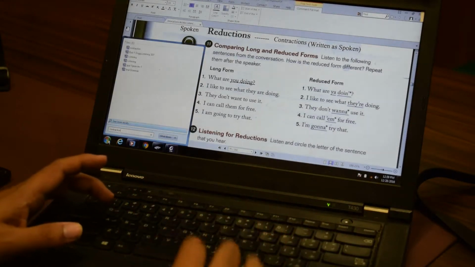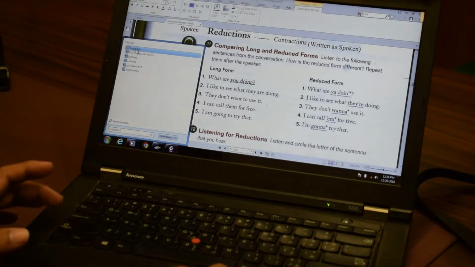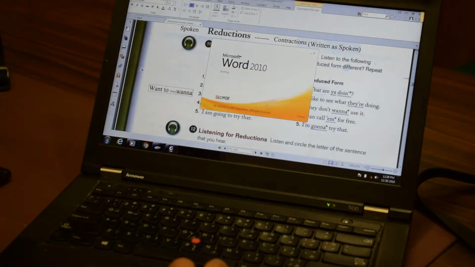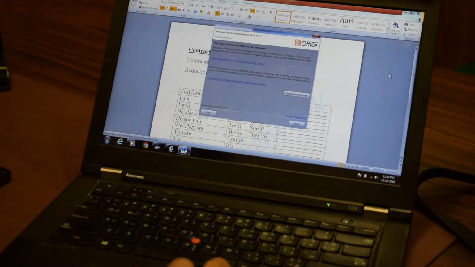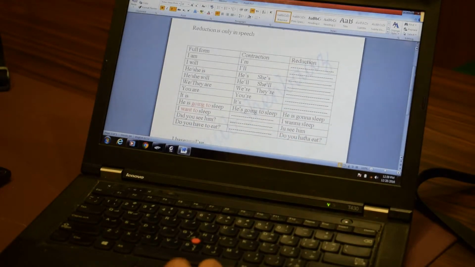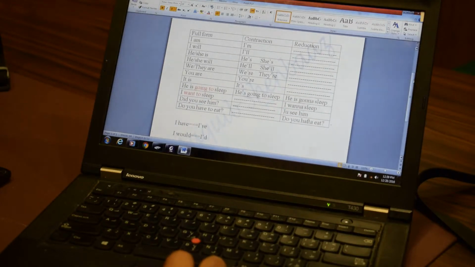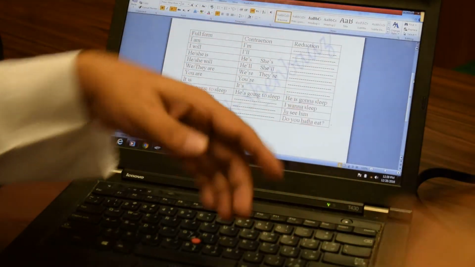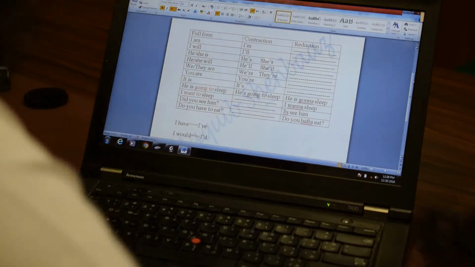Let me see if I have it over here. Okay, I have it here. I'll show you some more examples here. Contractions and reductions. Look at these examples over here. Just let me put the speaker for the next activity.